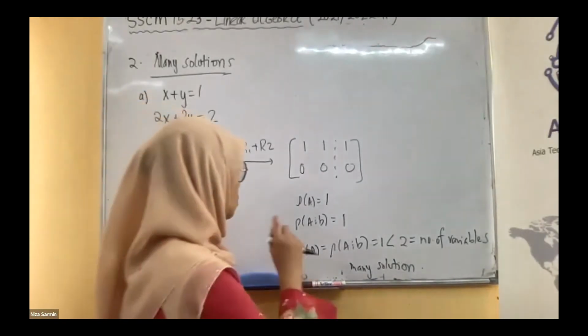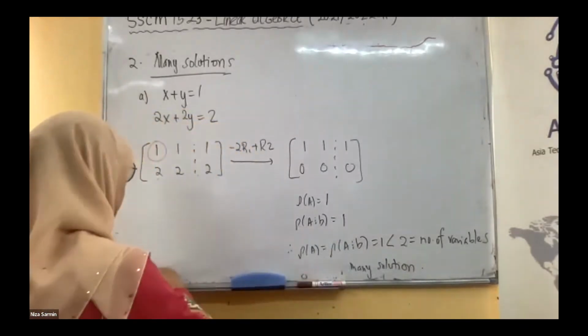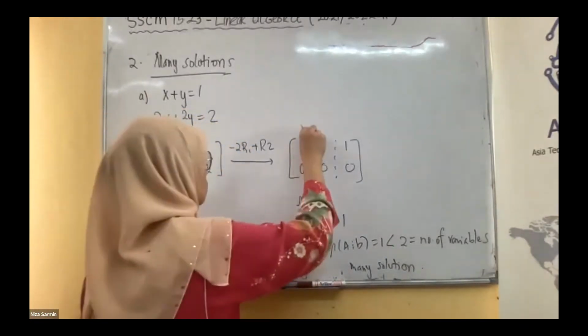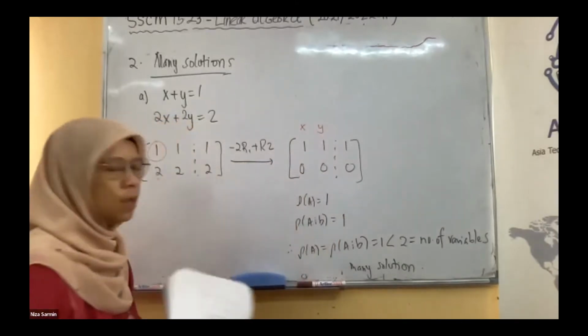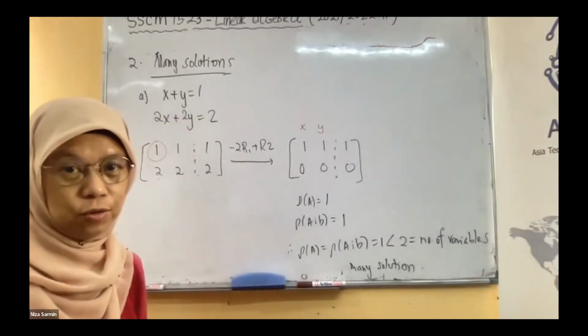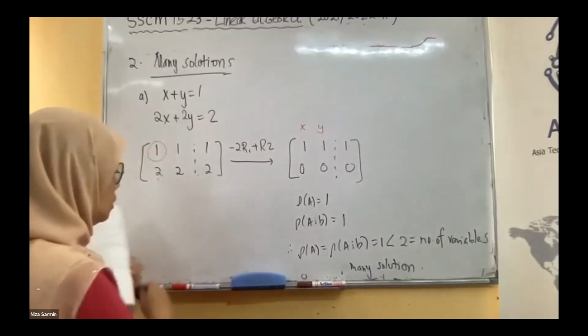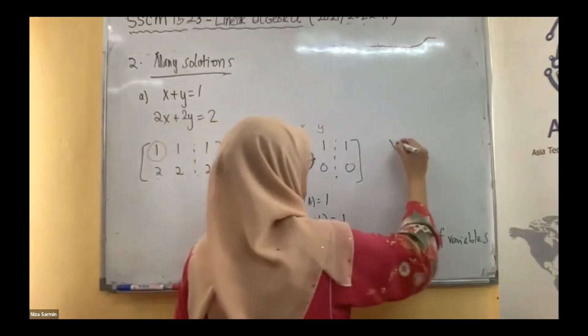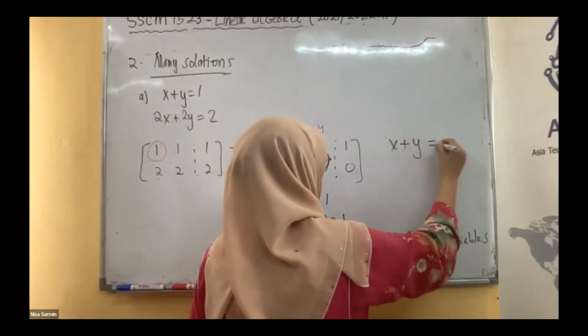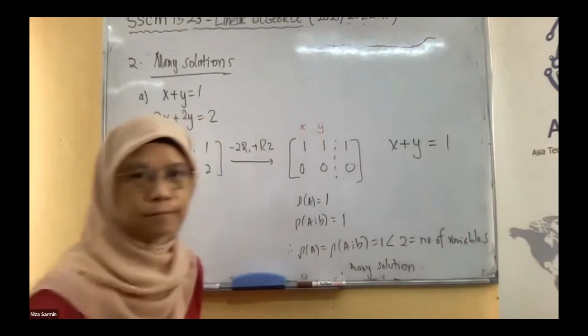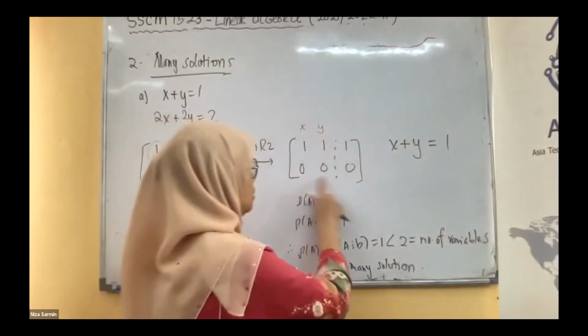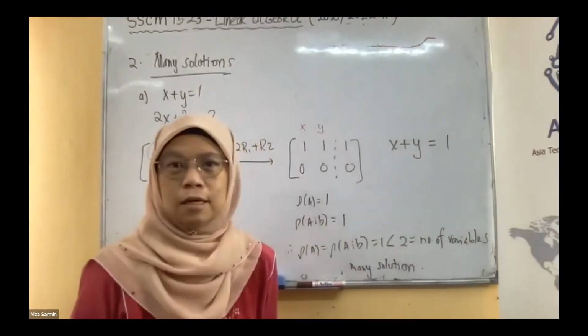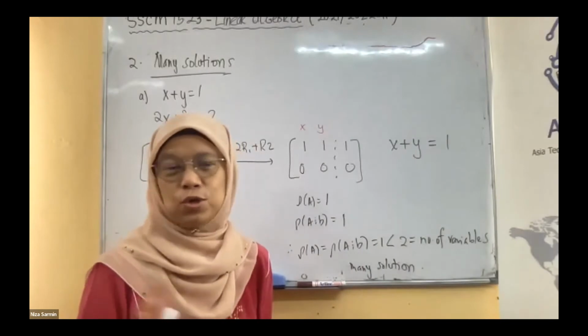Okay, so X and Y, write out the answer. X plus Y is 1. How do you write this? You don't write 0 equals 0.